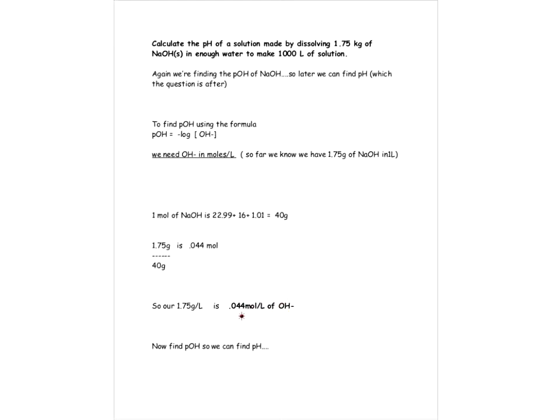So now that we have the concentration of OH in moles per liter, we can use that formula for pOH, which is minus the log of the concentration of OH, and then we'll know pOH, and then eventually we can find pH. Okay, so let's go to the next screen.